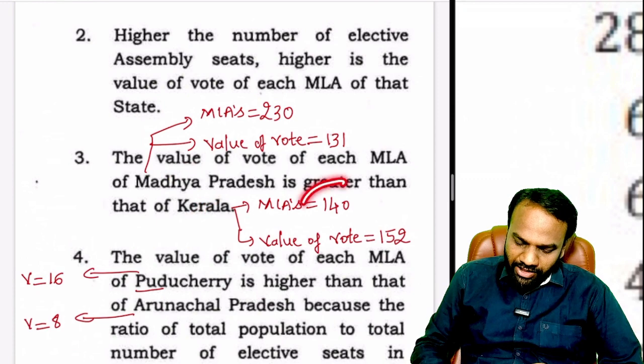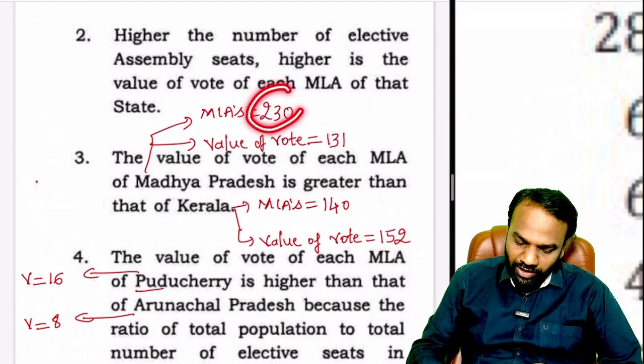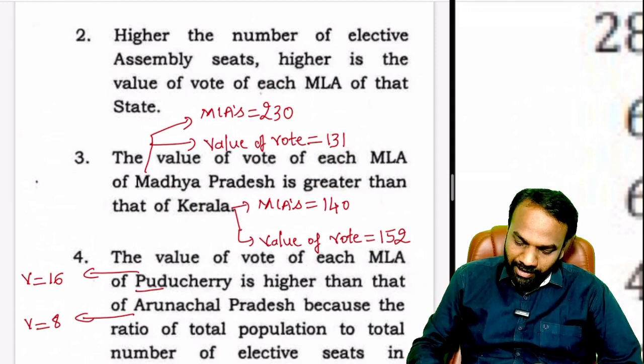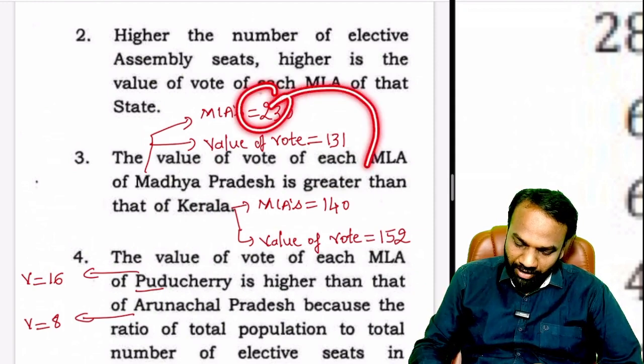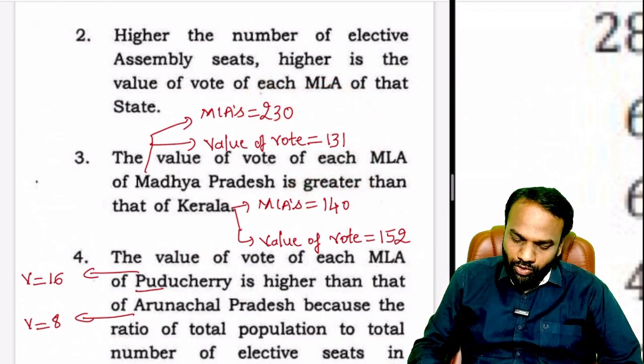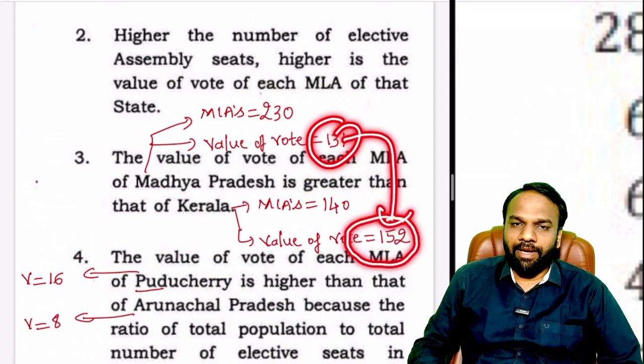Kerala has 140 MLAs and the value of a Kerala MLA's vote is 152. Madhya Pradesh has 230 MLAs and the value of the vote is 131. From here we understand that even though Madhya Pradesh has more MLAs compared to Kerala, the Madhya Pradesh MLA's vote value is less than that of a Kerala MLA.